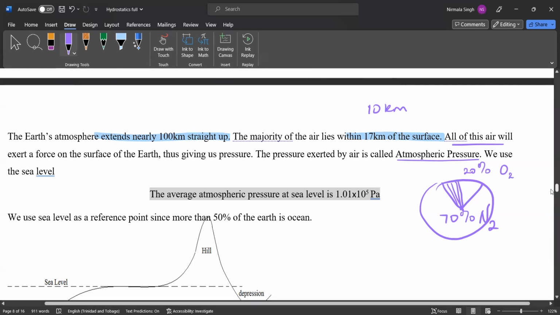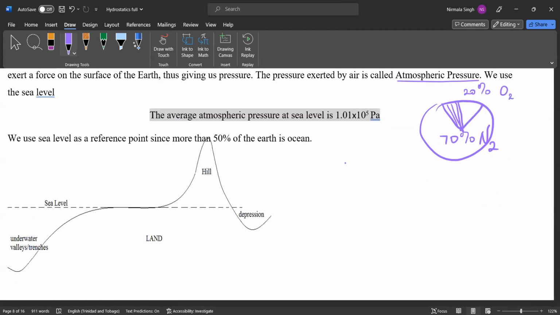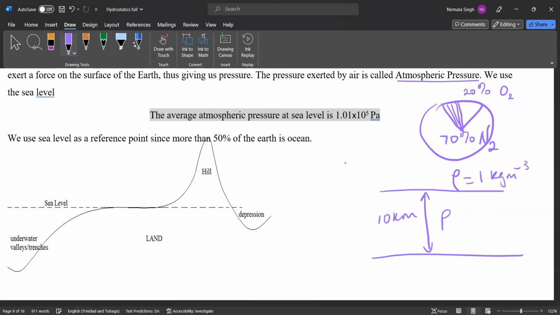Let's think about this a little bit. If this is the surface of the earth, and I have 10 kilometers of air, and the density of air is 1 kilogram per meter cube, who wants to work out the pressure exerted?